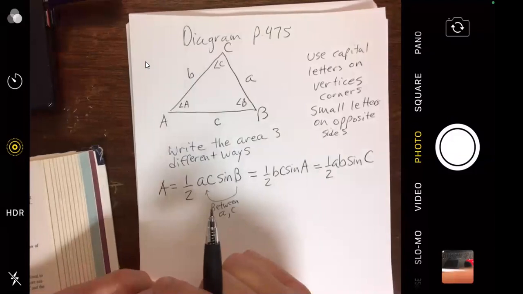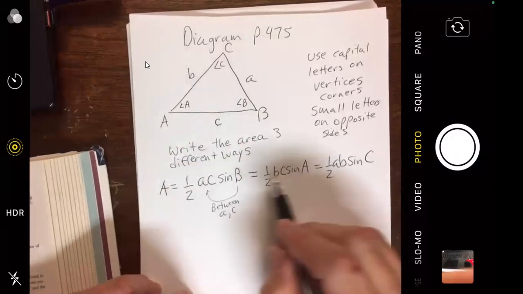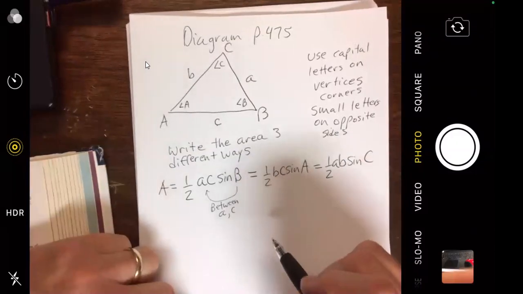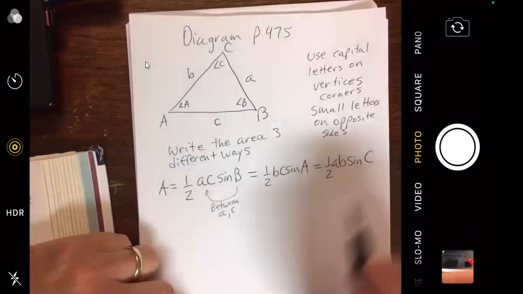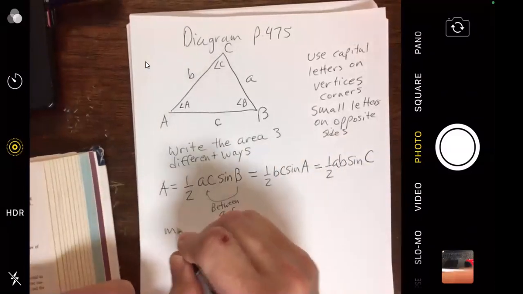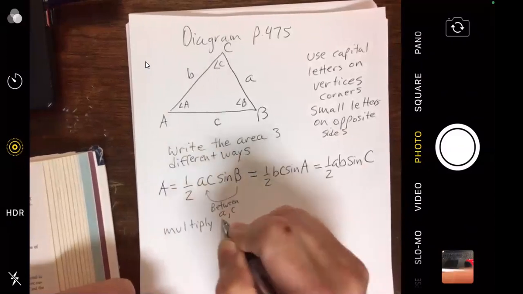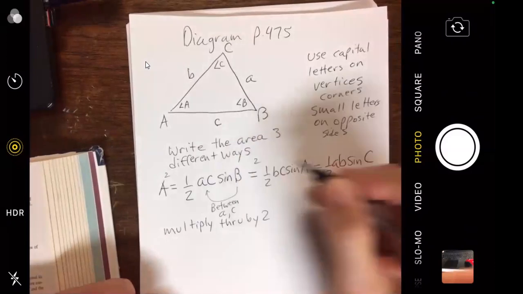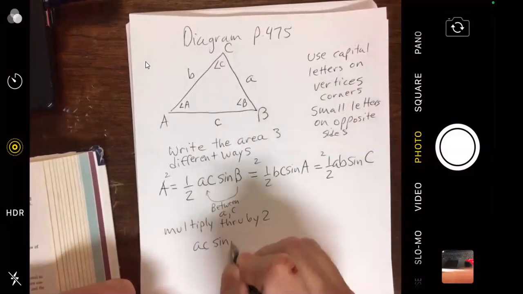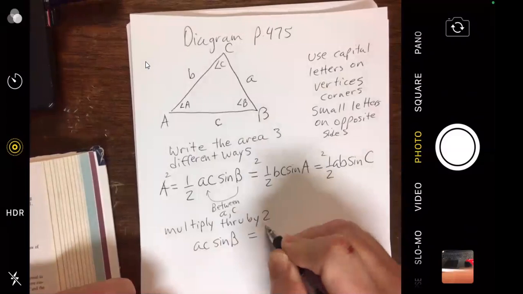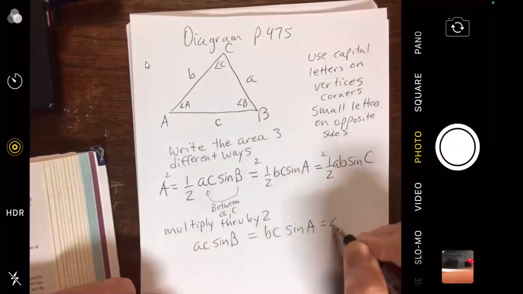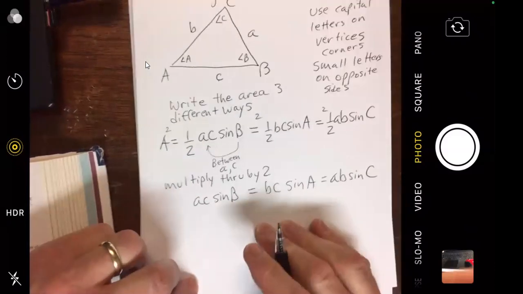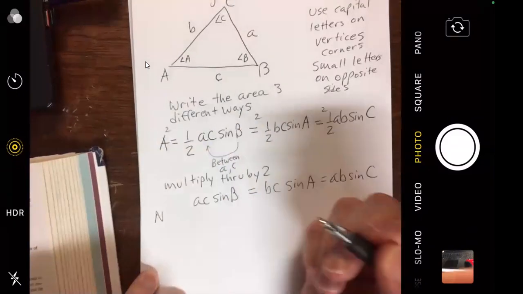Now, you're not really used to working with 3 different things in equations, so I can pick any 2 at once and do it, but I'll just do all three at once. You can multiply through by 2, killing the halves. ac sine big B has to be equal to bc sine big A has to be equal to ab sine big C. Now I can divide by anything I want.